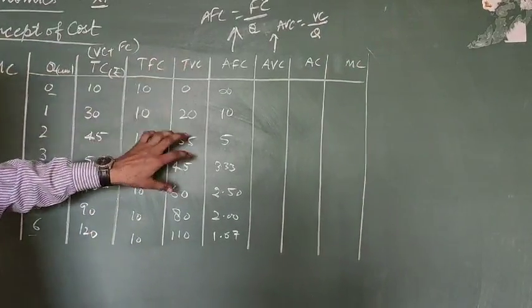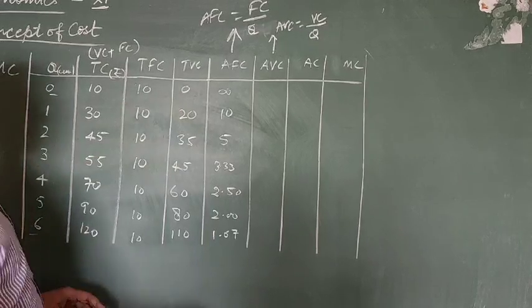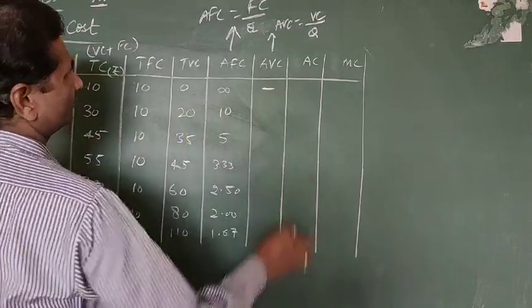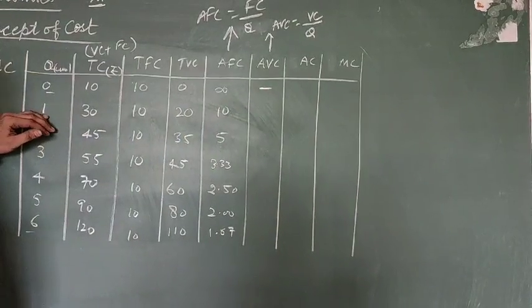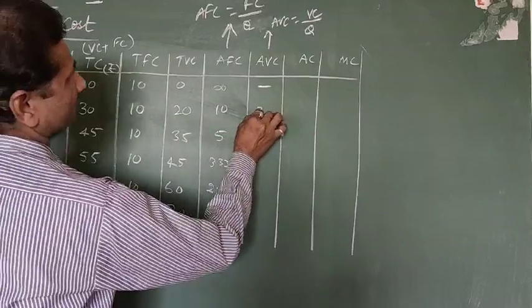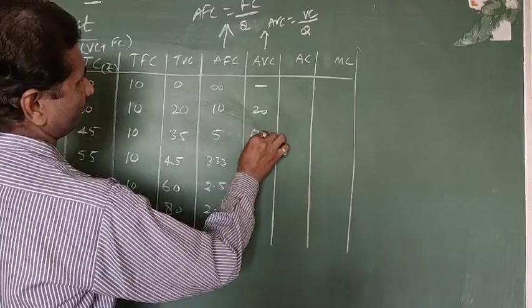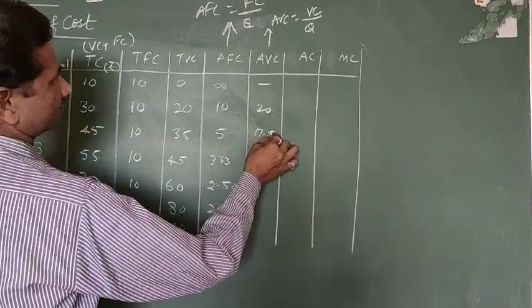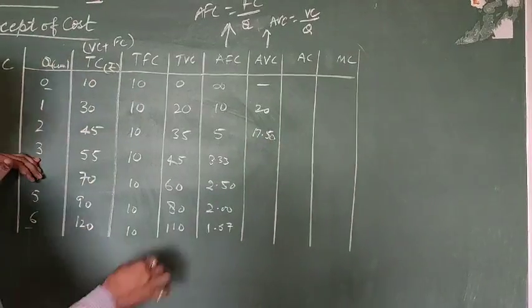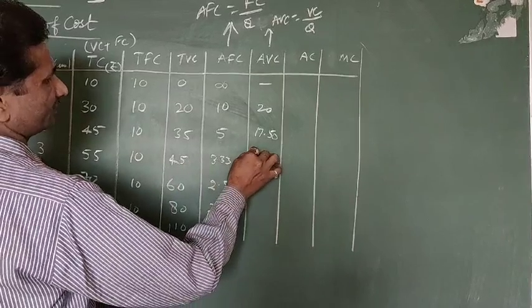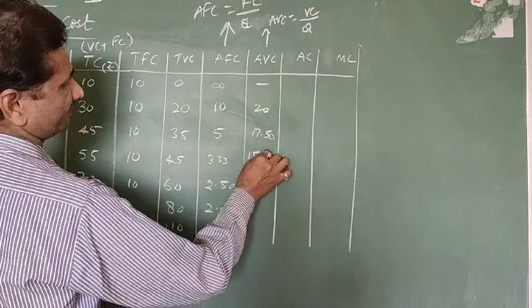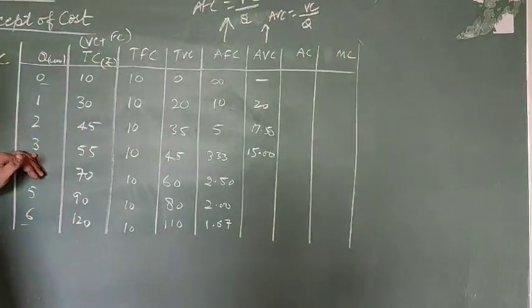Here total variable cost is 0 for 0 units; for 1 unit it is 20, so 20. For 2 units it is 35, so 17.5. For 3 units it is 45, so 15.00, 15 rupees per unit.